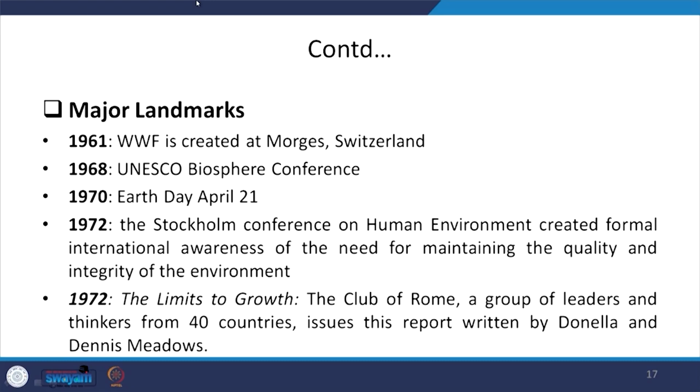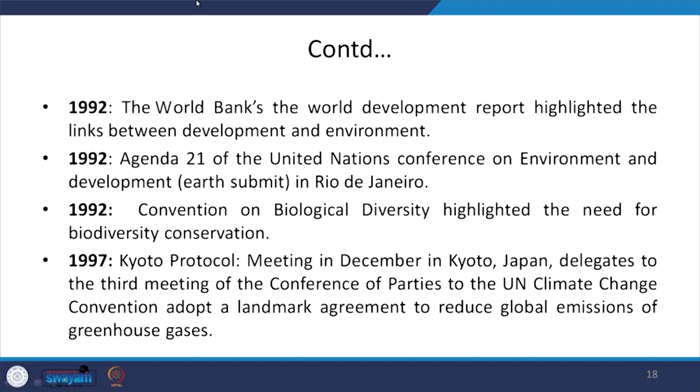Then in 1972 the Stockholm Conference on Human Environment created a formal international awareness of the need for maintaining the quality and integrity of the environment. Then in the same year, 1972, The Limits to Growth, by the Club of Rome, a group of leaders and thinkers from 40 countries, issued this report written by Donella Meadows. So this is also an important landmark towards the development of environmental economics.